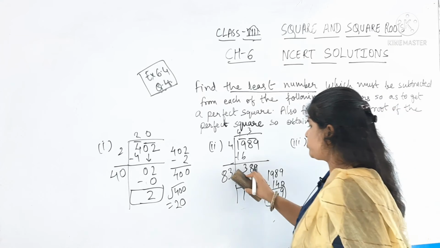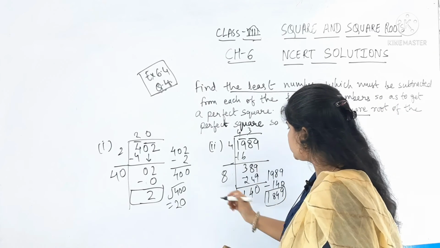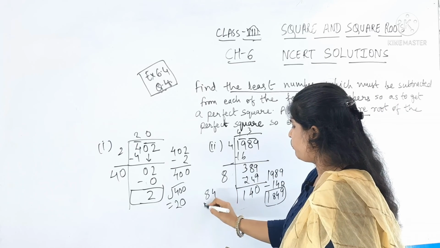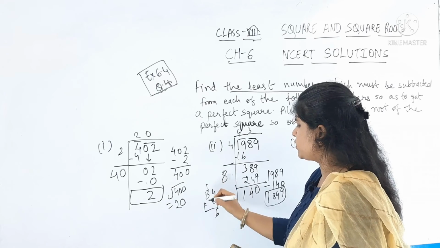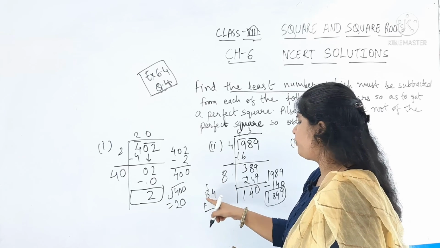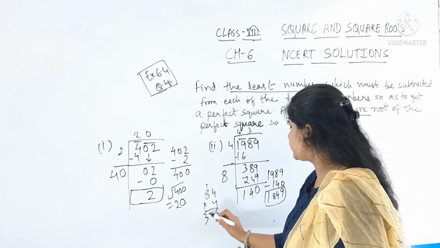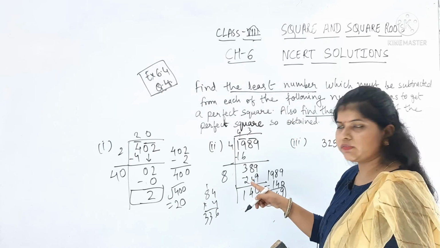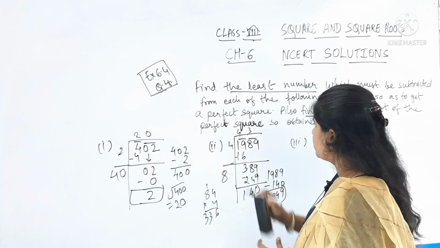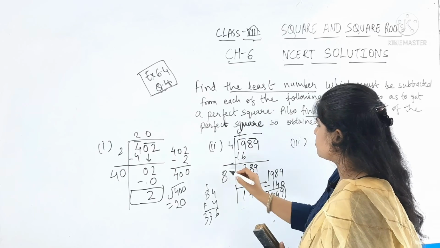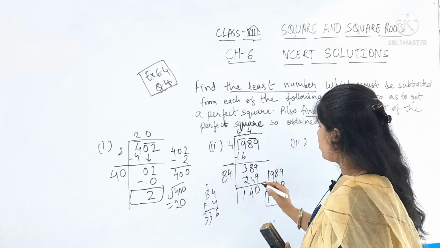Sorry, this is a mistake here. We have 4 4s are 16 also. So 4 4s are 16, 4 8s are 32 plus 1 is 33, so 336 will be right here. Sorry for the mistake.